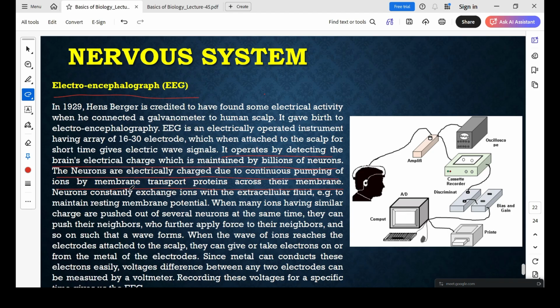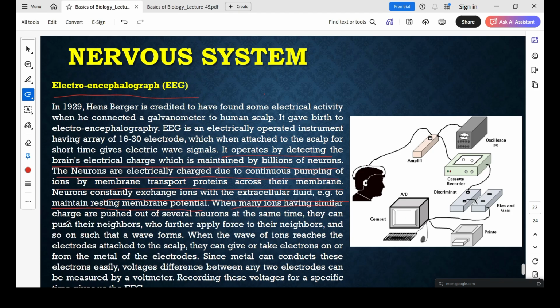So the difference in the potassium and sodium gradients is what leads to a charged system in the neurons, and this is what the EEG measures. Neurons constantly exchange ions with the extracellular fluid to maintain resting membrane potential.